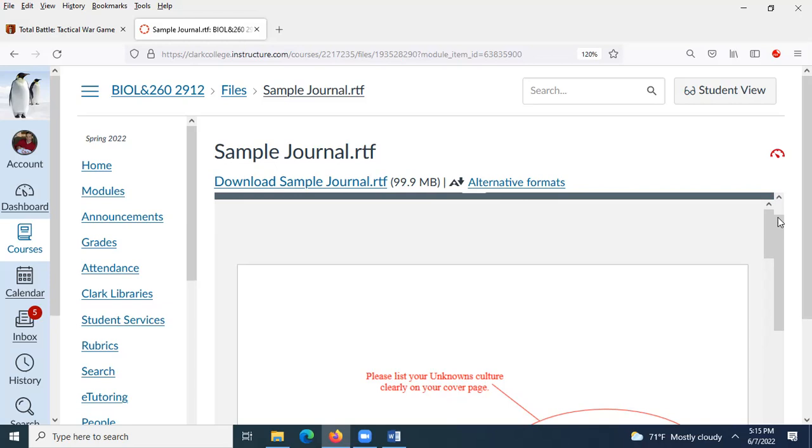Generally speaking, as long as you're not a page over the limit, you will not be penalized.